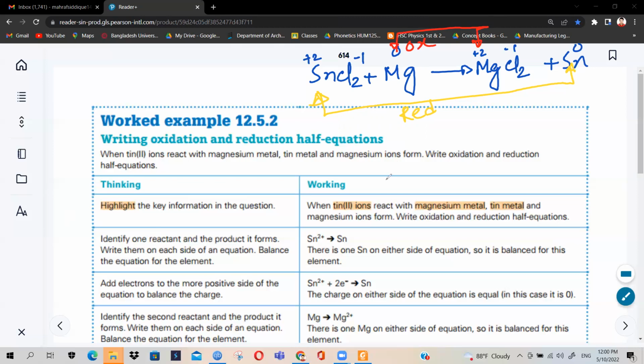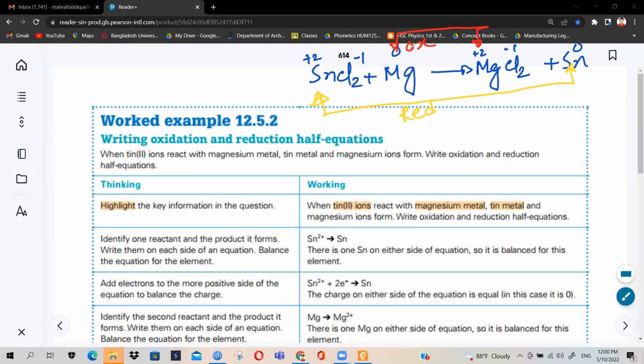Now tell me what the oxidation and reduction reactions will be. Tell me by forming them. Reduction would be for the tin, Sn, and oxidation would be for the magnesium.